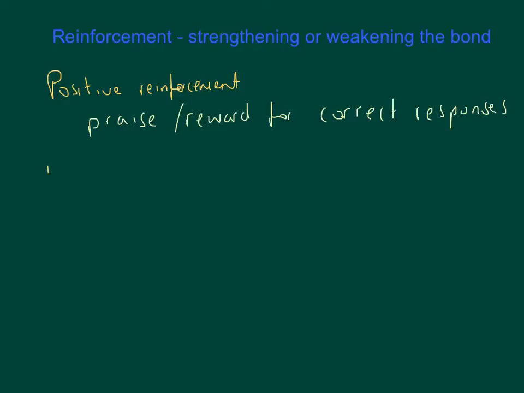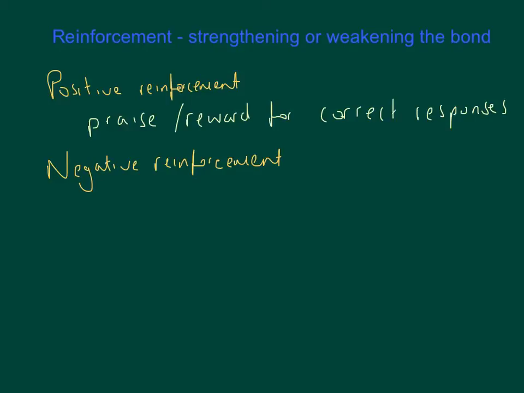The second form of reinforcement is negative reinforcement, and that also strengthens the SR bond. Okay, so I'm just going to highlight that. It strengthens the SR bond, and it does that in this way.